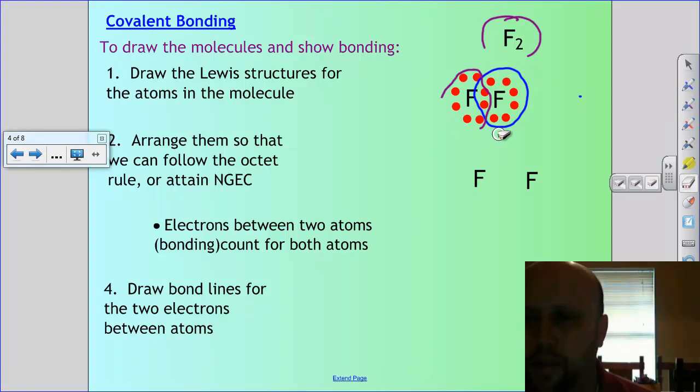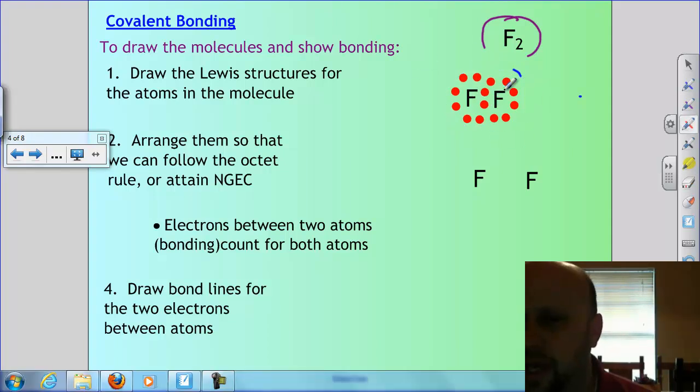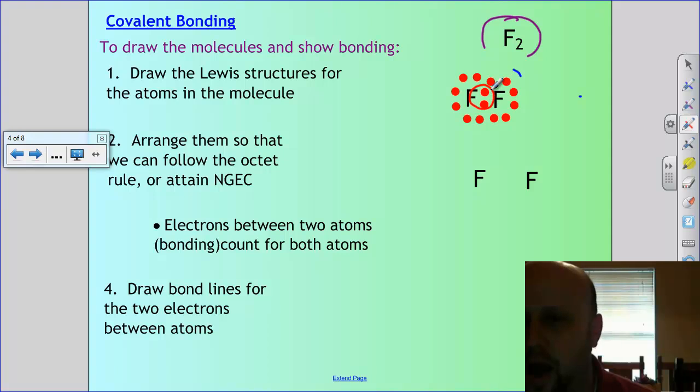The way it works is that the electrons that are in between them, hold on, let me erase this real quick. The electrons that are in between them, which would be these right here, count for both of them. And so we draw them that way. So I've put my valence electrons around there, and then the way I'm going to draw them is so that those 2 electrons are in between them and they are shared.